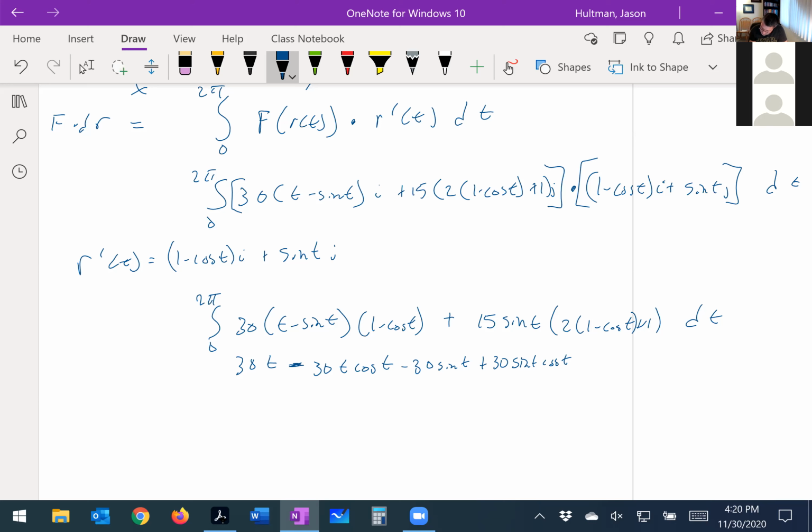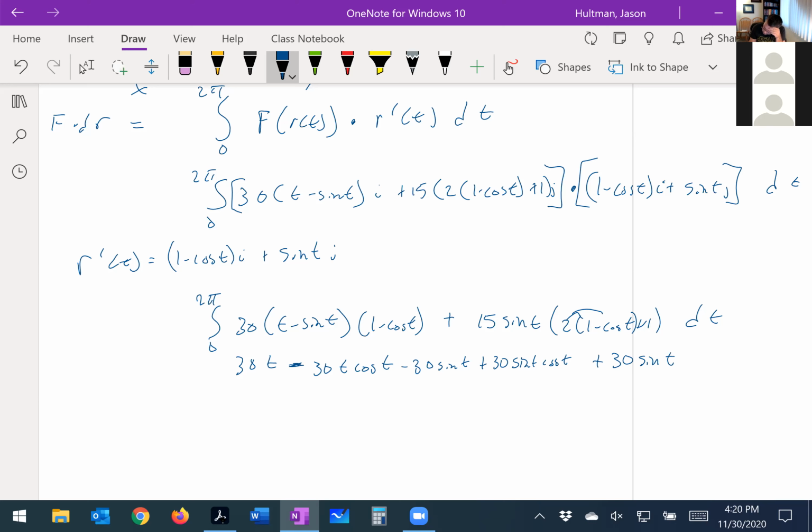The second one here, this will be distributed to 2. 2 plus 1 is 3. Is that right? 2, 3. Yeah. So this is going to be plus 15 sine t, that's 30. So 30 sine t.